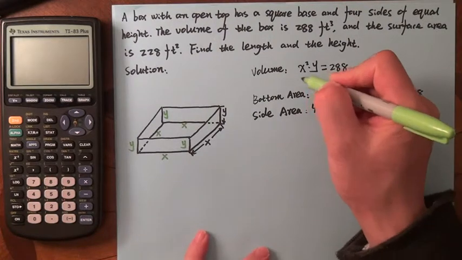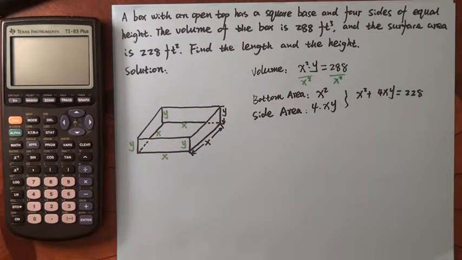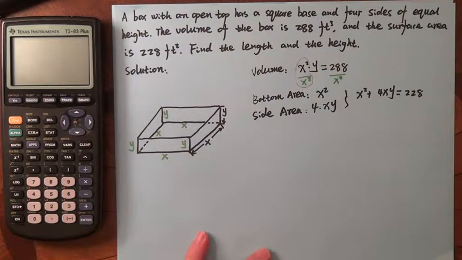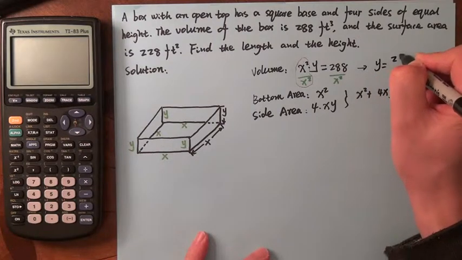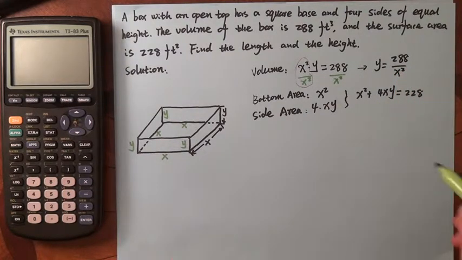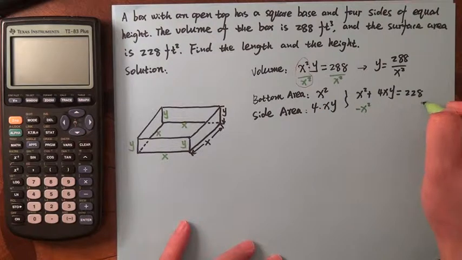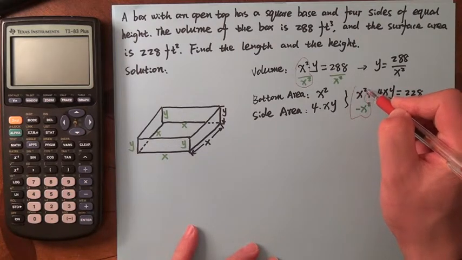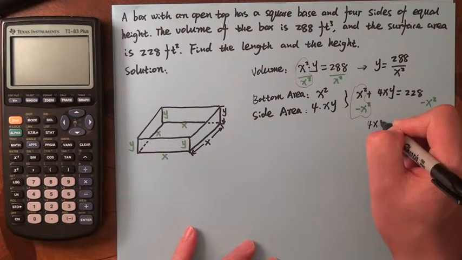Alright, so you see both sides divided by x squared. Then those two cancel, and then you get y is 288 over x squared. Now for the other one, you want to subtract x squared on both sides. So then you can cancel these two. The left hand side is 4xy.